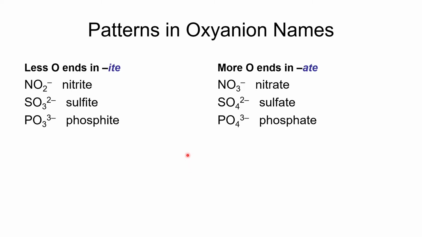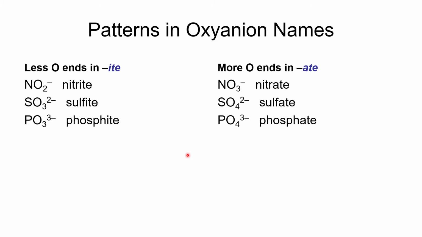Now, there's a systematic way of doing this, and a couple of simple rules that you can follow. If you have a set of oxyanions, and oxyanions are negatively charged particles that have oxygen, one other element, and then some negative charge, and there's 2 of them in a set, meaning you've got 2 of the same element other than oxygen and it's the same charge, then the naming is pretty simple.